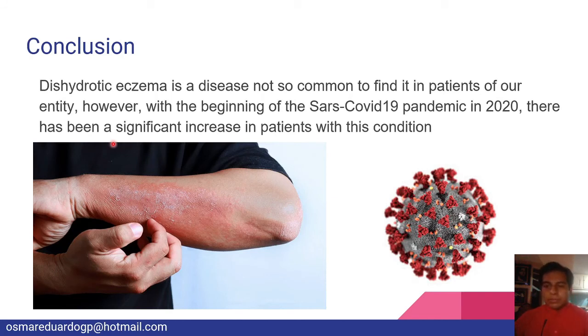And in conclusion, why are we talking about dyshidrotic eczema in the first place? This disease is not so common to find in patients in our state, that is, Tabasco. However, with the beginning of the SARS-CoV-2 pandemic in 2020, there has been a significant increase in patients with this condition.